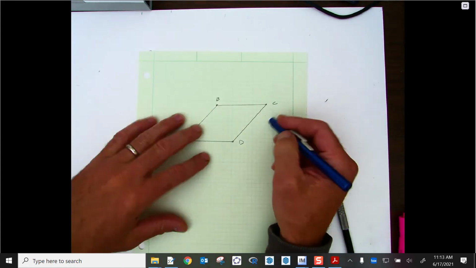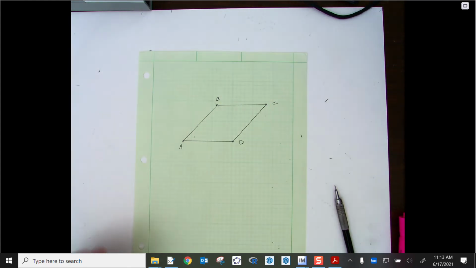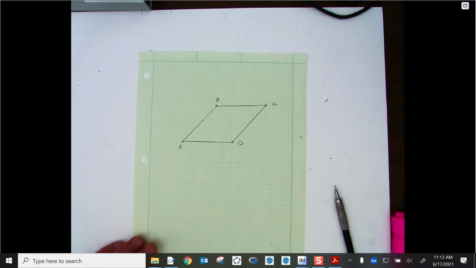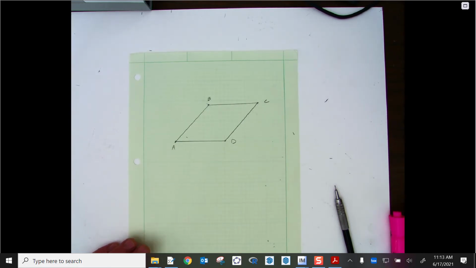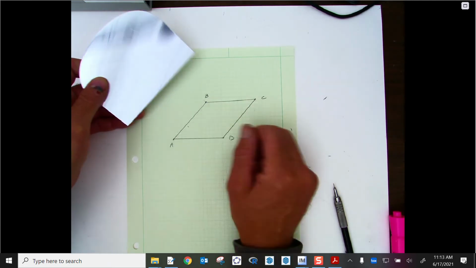So let's talk about the line symmetries first. Line symmetry means that I should be able to hold a mirror up to this and see that it's a reflection of itself. A line of symmetry is simply a line that we can put over the figure such that the figure reflects onto itself. Of course, one line of symmetry seems to be this one.